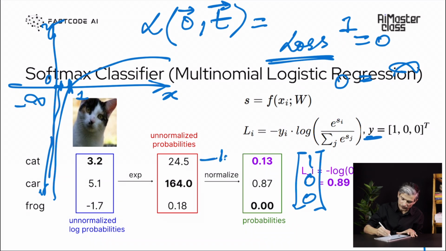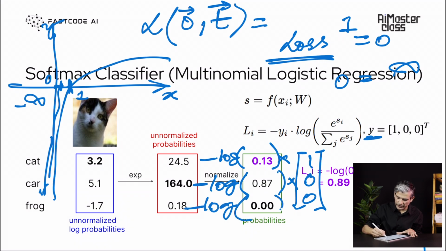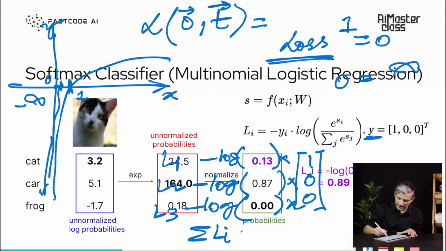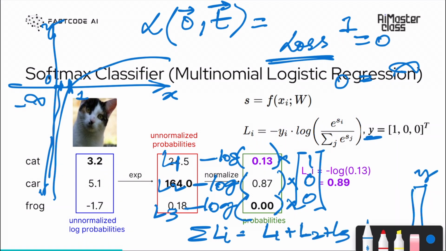Li is the negative log of this multiplied by this, so that is L1, then L2 is the negative log of this multiplied by this, and likewise L3. Our final loss is nothing but the sum of all Li's. In this case, it is just L1 plus L2 plus L3.